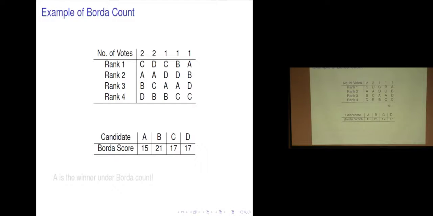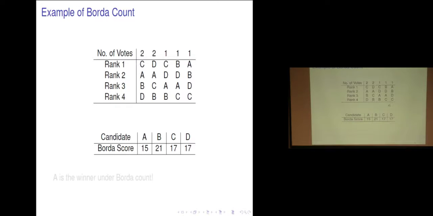Okay, so we do the Borda count, we calculate the score. So let me just calculate A, then you know what's going on, right? So you give the rank 1 1 point. Okay, so A gets 1 point here. So this, right, there's one person put A as the first choice, so A get 1 point.